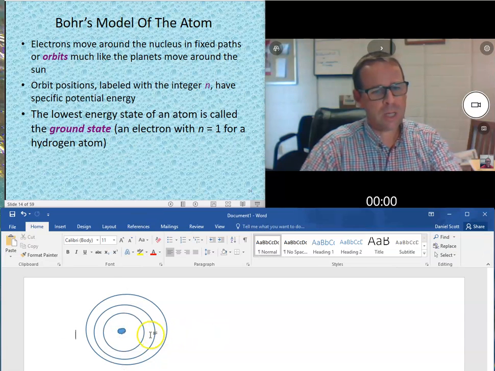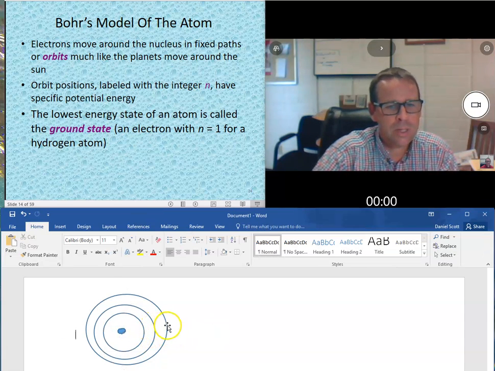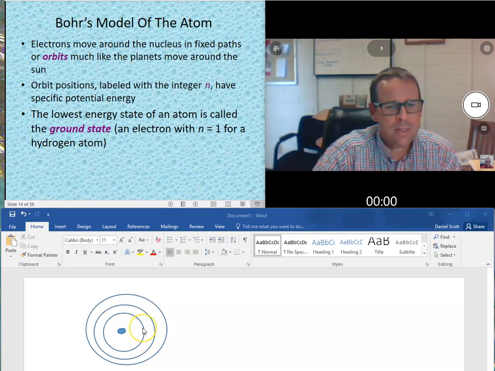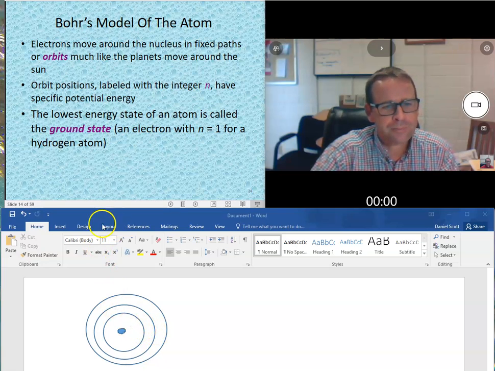The electron can be here, here, or here, but in terms of location, if we want to treat it as a particle, it can't reside in between any of those two spots. So that distance is defined as n equals 1.